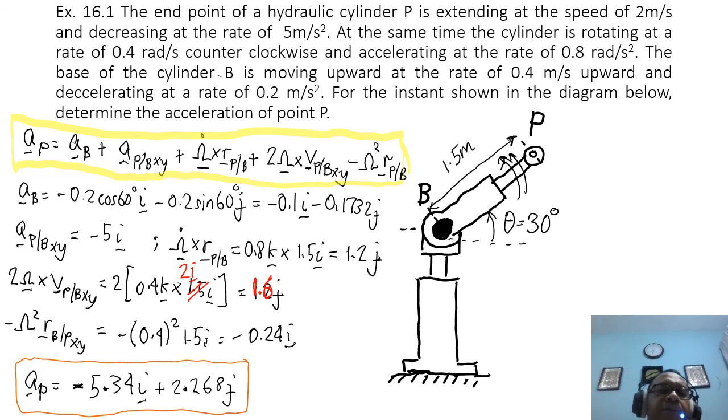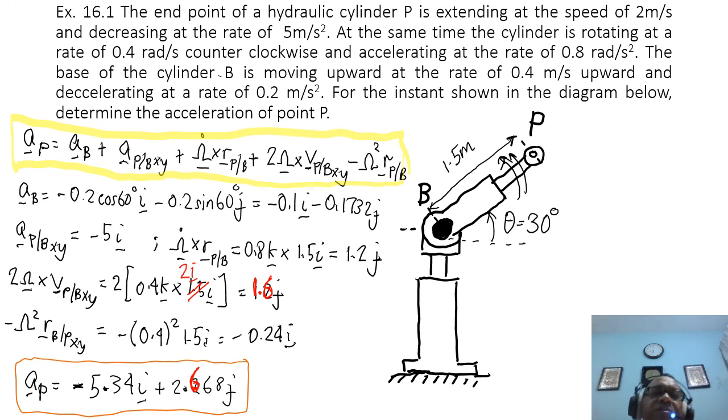And omega square position vector P relative to xy is 1.5i, so 0.25i. And finally we've got the acceleration AP, minus 5.34i and plus 2.68j.